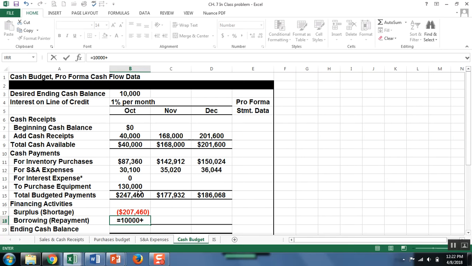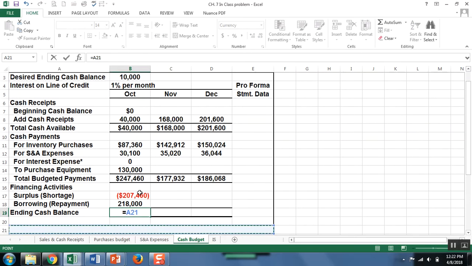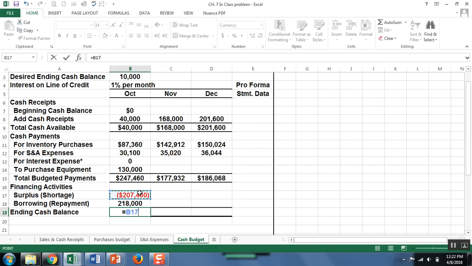Plus, we need $207,000, so we're going to round that up to $208,000 because $207,000 is not going to be enough. So that means we're going to borrow $218,000. So now we have an ending cash balance of $10,540. So you see that we have the minimum of $10,000 plus the additional $540.